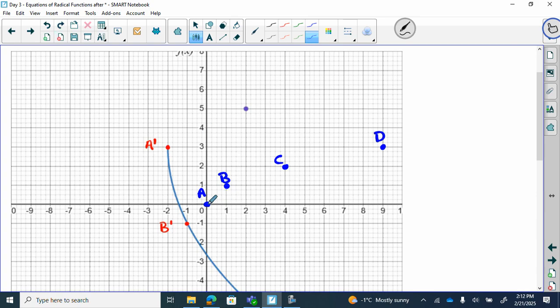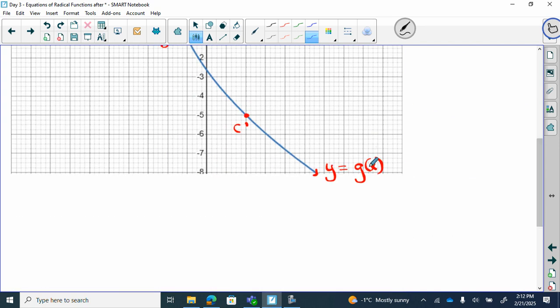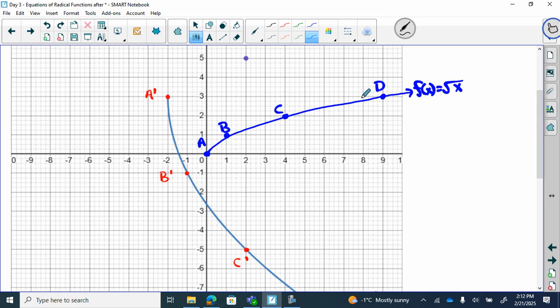I'm going to join these points with a nice smooth curve. So this is y equals the square root of x, or f of x equals the square root of x. Everyone cool with that? Our job is to come up with the equation of g of x. It is a transformation of this guy right here.